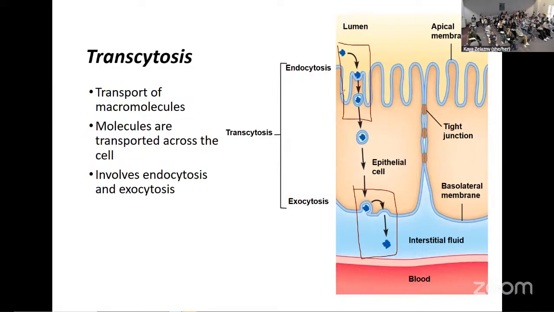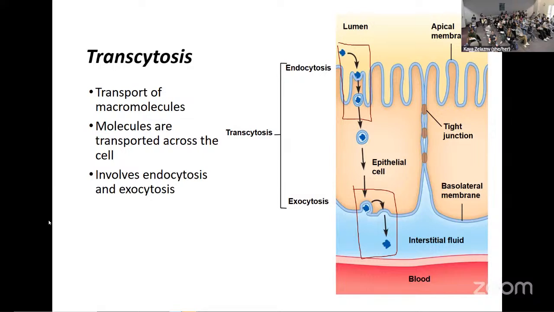Here in this image, we can see endocytosis happening at the lumen side, the apical membrane. And we see exocytosis happening on the blood side, the basolateral side, the bottom of this cell, so that we get this large macromolecule all the way in.